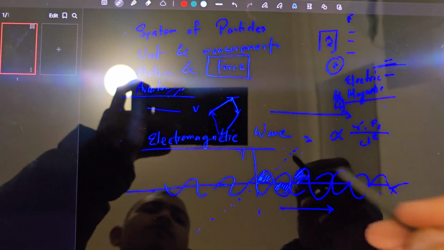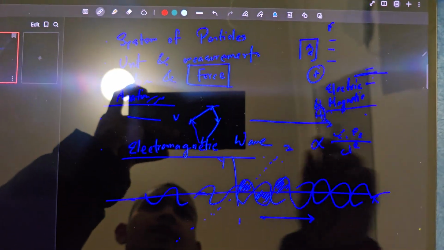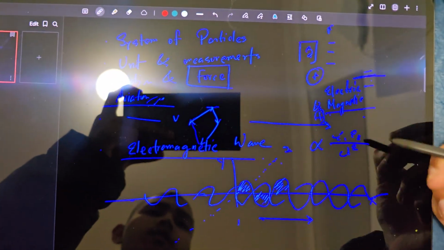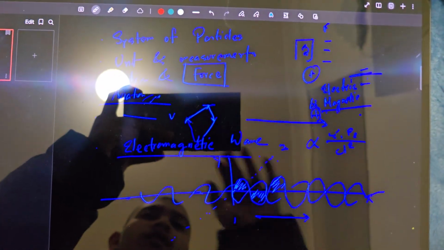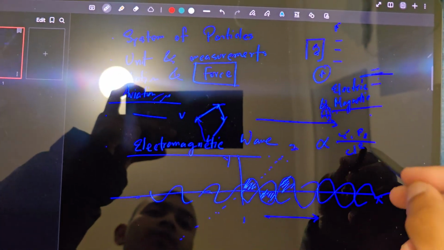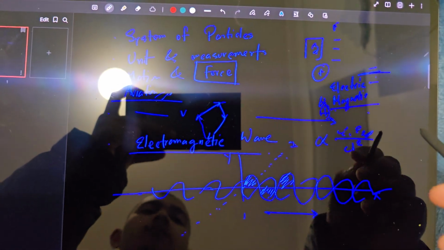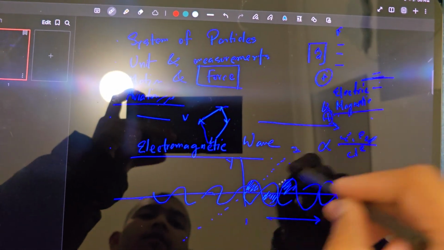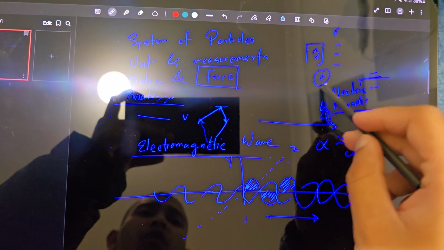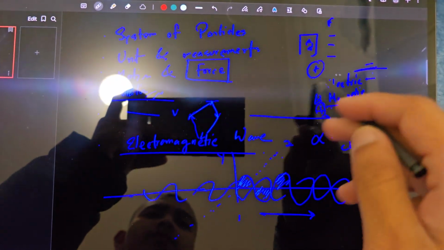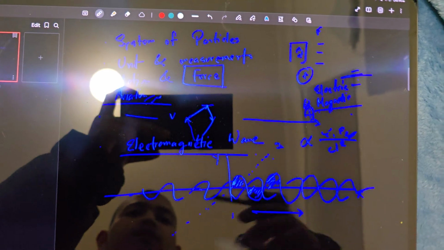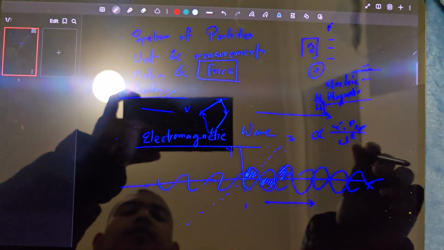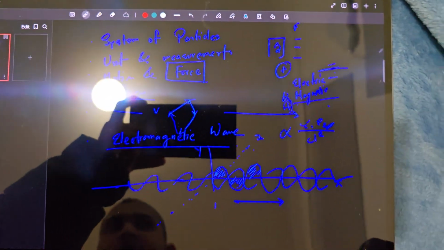So it increases the amount of force or radiation along with the power it's generating, the electric power, how big the proton or positive charge is, or how big the magnetic charge is. And the farther it goes, the less force it has.